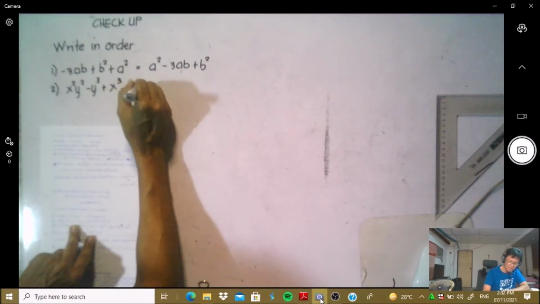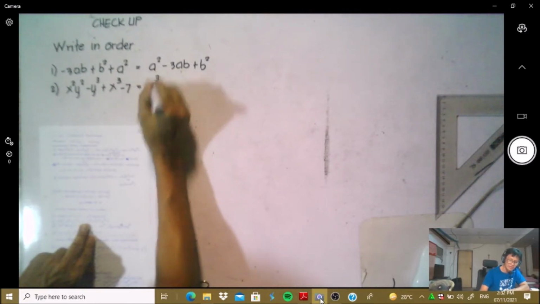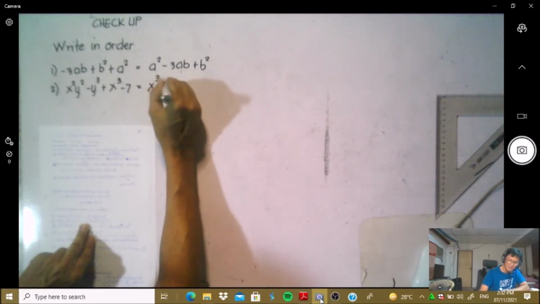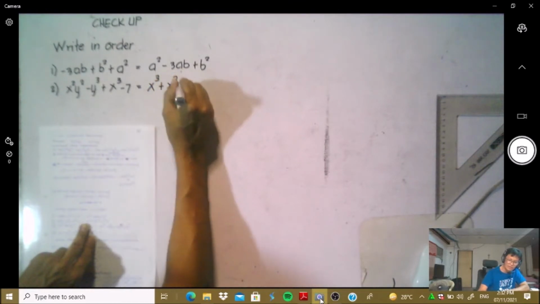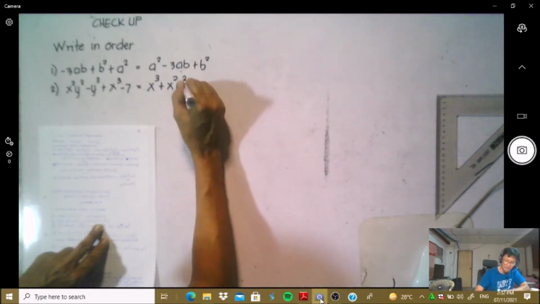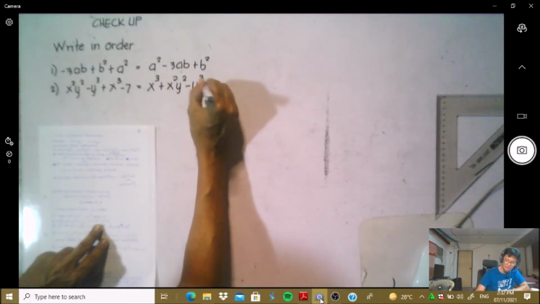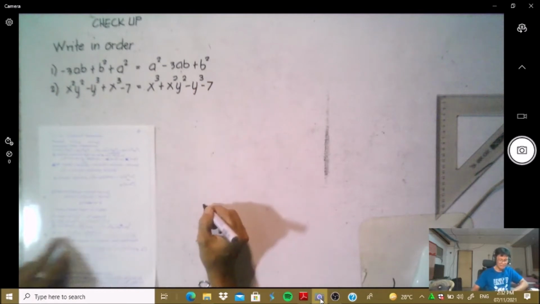So we have to start with x cubed. The next will be x squared, so we have plus x squared y squared, and next will be y cubed, so minus y cubed, then last will be the constant, which is minus 7.